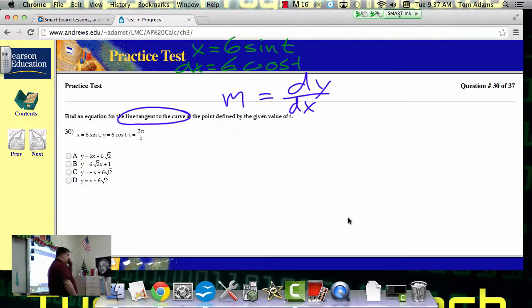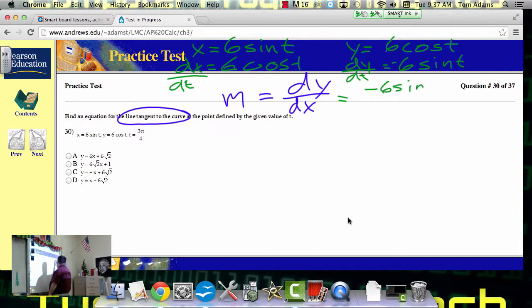And if y is equal to 6 cosine of t, then dy/dt is equal to 6 negative sine of t. If I take dy/dt and put it over dx/dt, the dt's cancel, so dy/dx is negative 6 sine of t over 6 cosine of t.